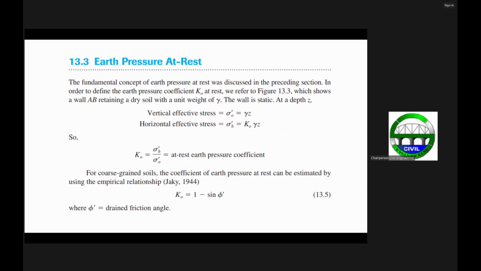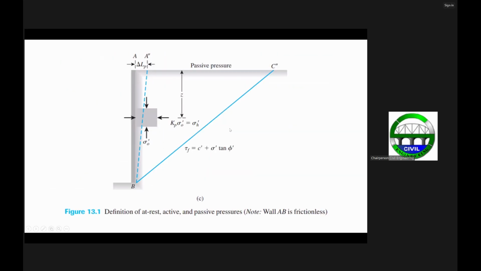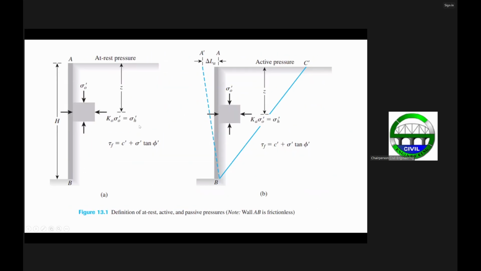So let's just talk a little bit more about this earth pressure at rest. With respect to the earth pressure at rest, there we have the terms again, the horizontal effective stress. Let's go back to the figure. You have here the horizontal effective pressure and the vertical effective pressure, or the overburden stress, or the vertical effective stress, and the horizontal effective stress.